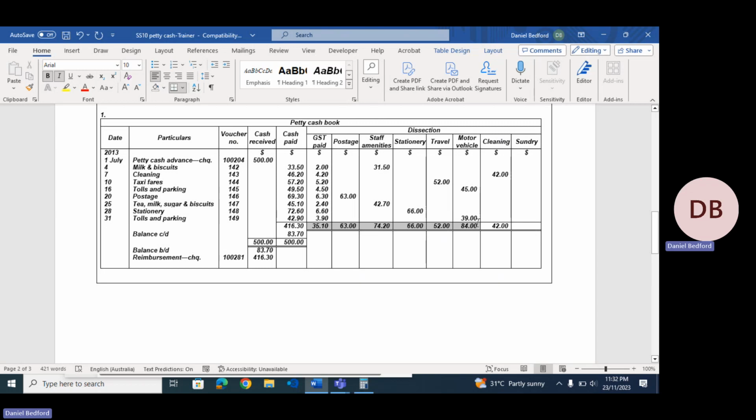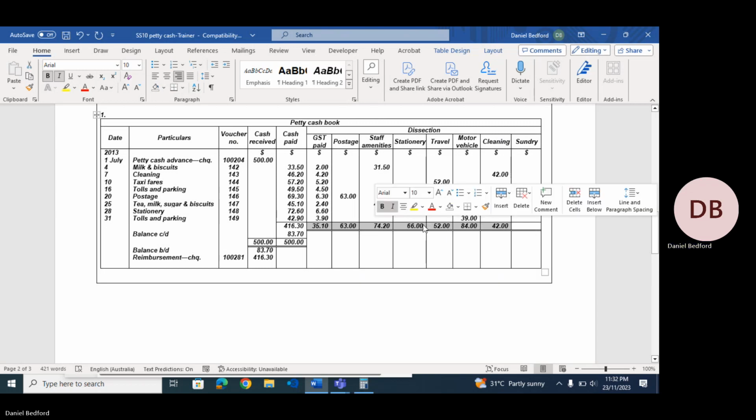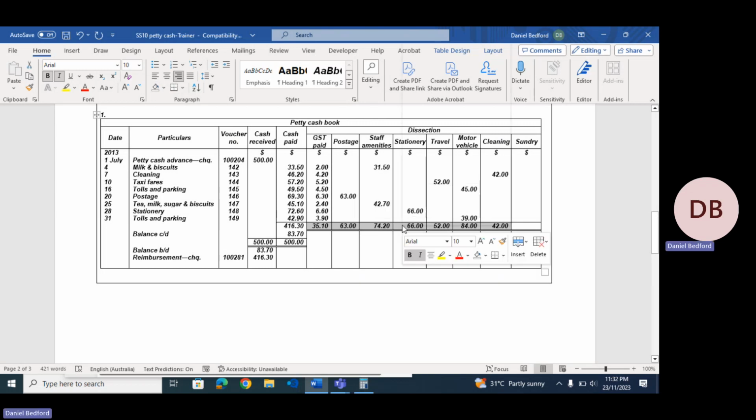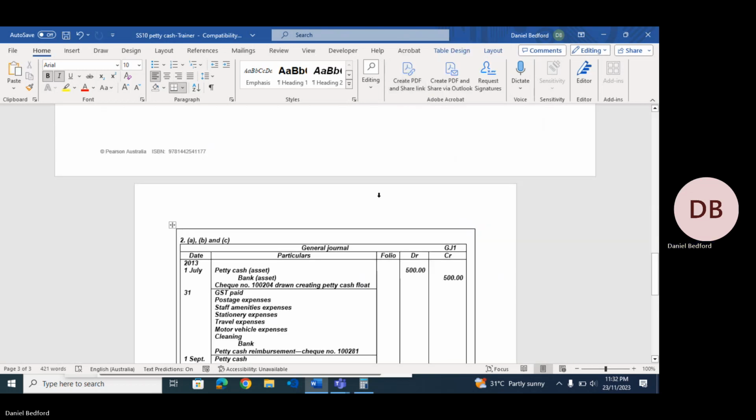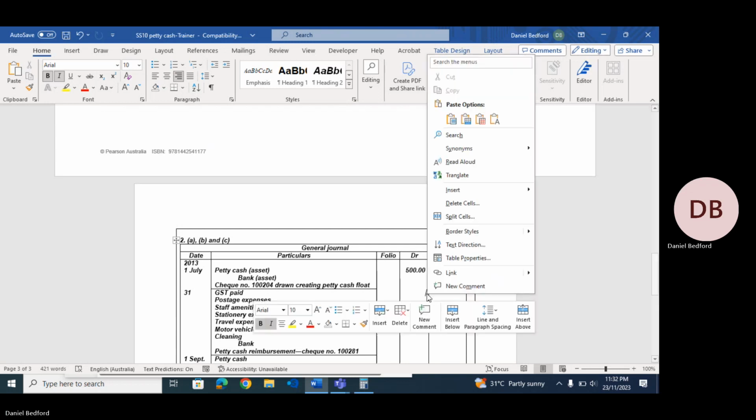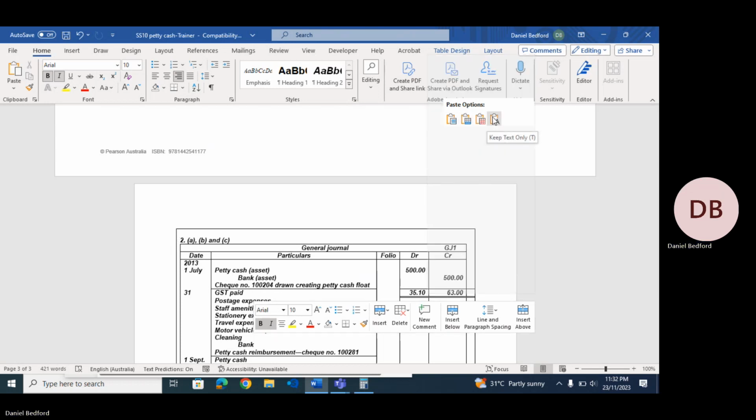So here's our numbers. I wonder if I could be a bit sneaky. Copy. There's a translate option.